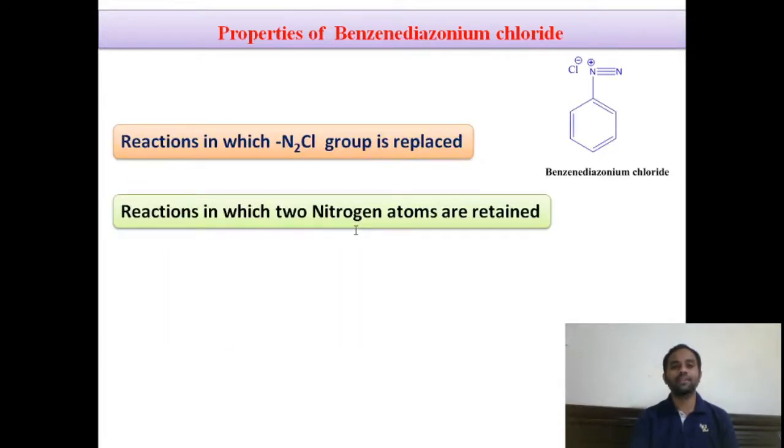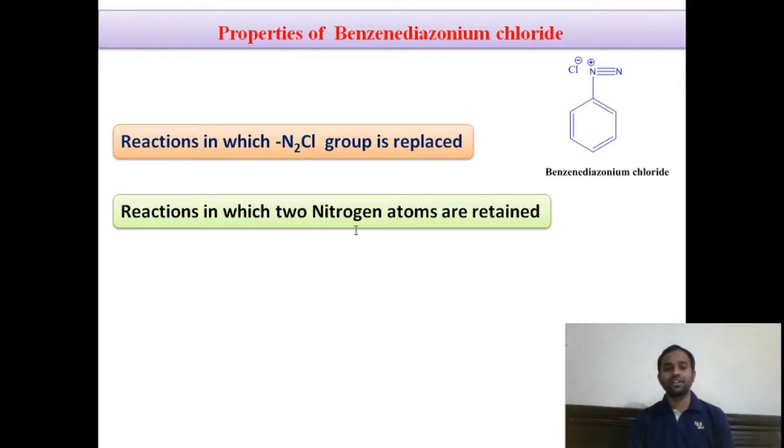And coming to the chemical properties, generally benzene diazonium chloride will undergo two types of reactions. The first one is the reactions in which the N2Cl group is replaced by other incoming nucleophiles, and the other type is the reactions in which the two nitrogen atoms are retained in the compound itself.